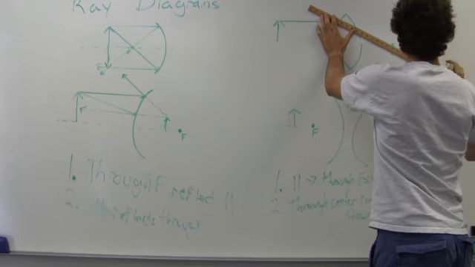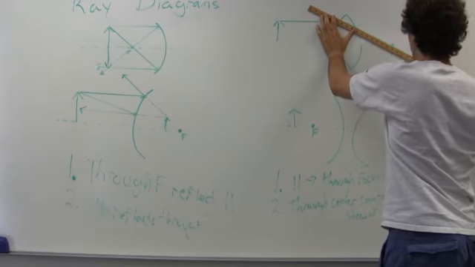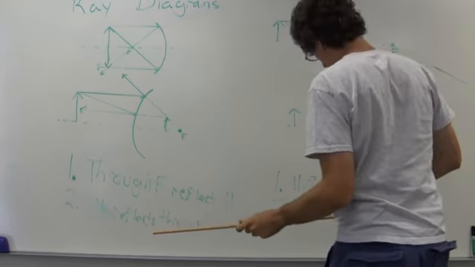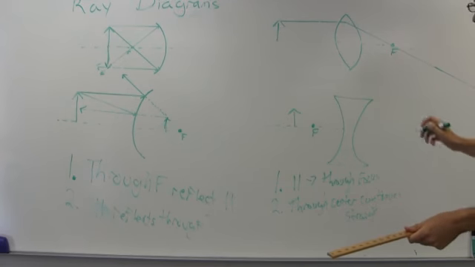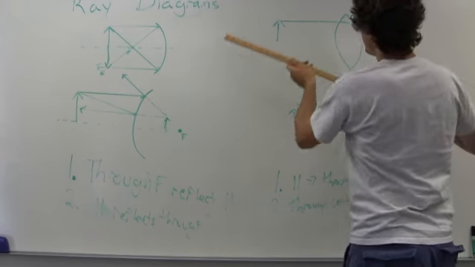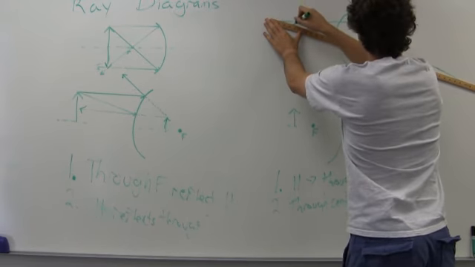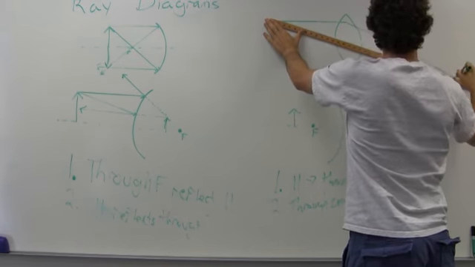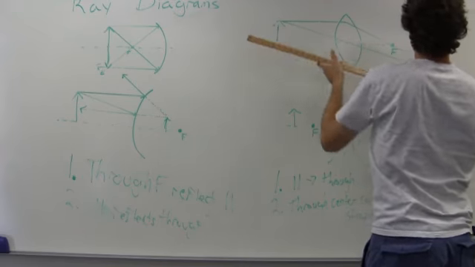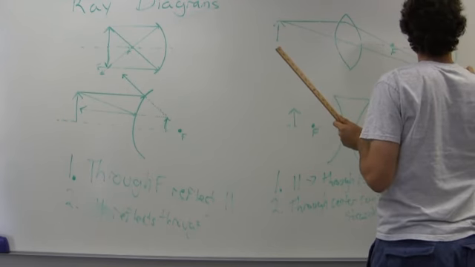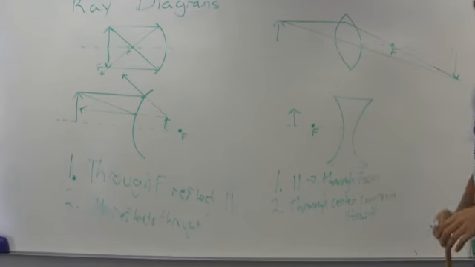The second one is through the center and continues straight. If we go through the center of the lens, it should continue straight away, like that. And we have our image inverted on the other side.